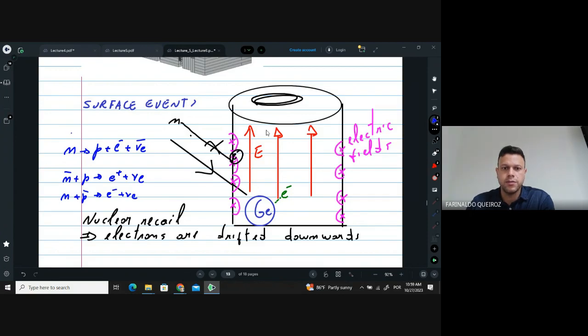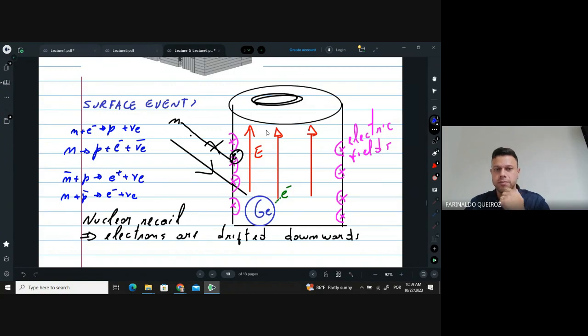And I can also have this one. Right? No, there's something wrong. Neutrino should be anti-neutrino. No, neutrino should be neutrino. Baryon number.